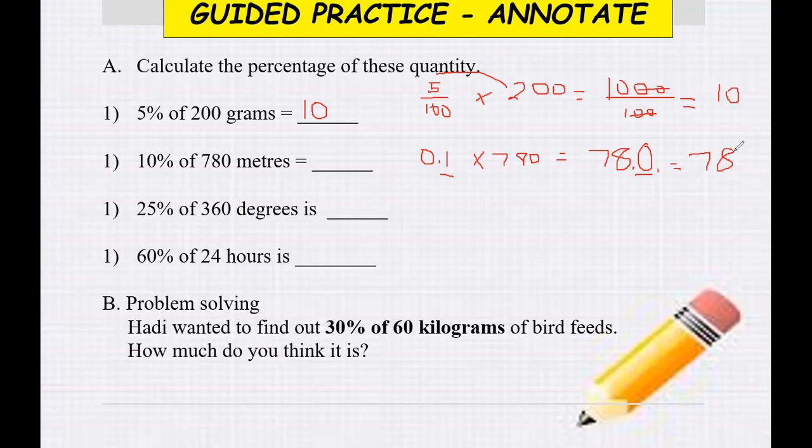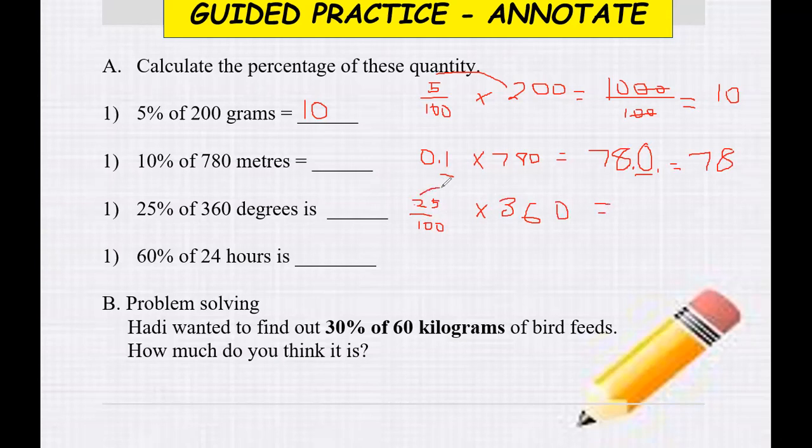Okay? Another method is 25 over 100 times 360 equals.